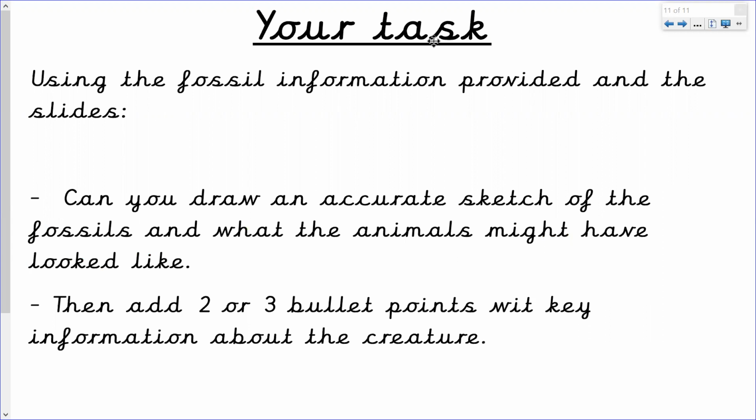So what you must remember is when you are doing your sketch, you must make it look as accurate as possible, and you should draw your sketch underneath your learning objective. And once you've drawn your sketch of your fossil as accurately as you can, you must write 3 pieces of information with bullet points underneath the picture.